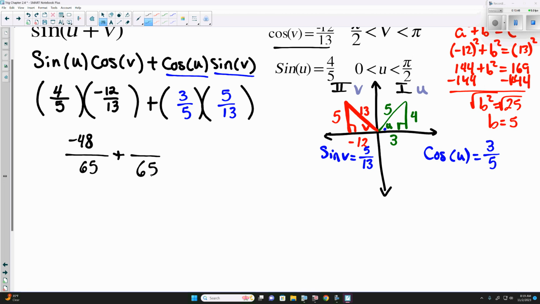So if I did remove the 5 over 5, I'd have to put it back in to be able to actually add these two together. 3 times 5 is 15. The denominator will still be 65, but we have negative 33 over 65 as the final answer.